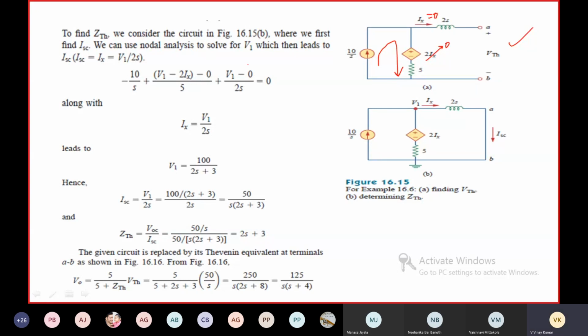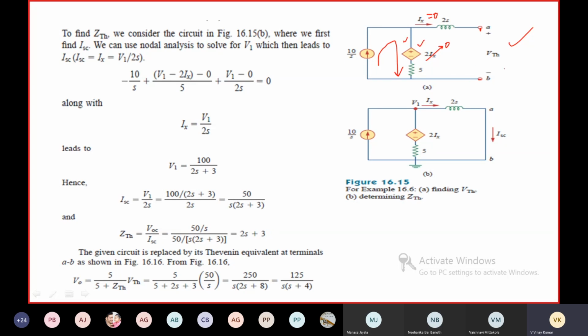Next, we have to find ZTH. The dependent source is present in this circuit, so we can't make all sources 0. We can't make the dependent source 0. If only independent sources are present, then by making all sources 0 you can find RTH or ZTH between the terminals of the load resistance. But here a dependent source is present.